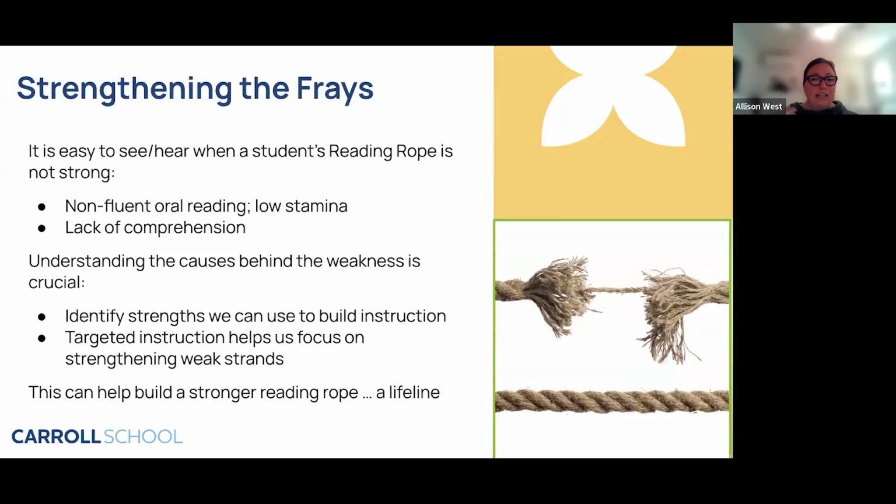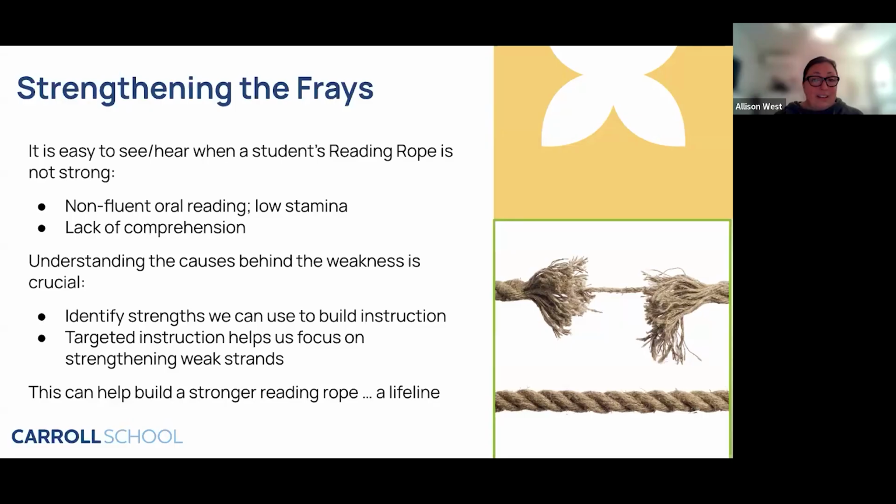Now, for us, it can be really easy to see or hear when a student's reading rope is not strong. They may be disfluent. They may have low stamina for reading. We may find their comprehension skills are lagging. The key here is that we are using a combination of leveraging their strengths while also designing that targeted instruction that focuses on building those lagging skills.